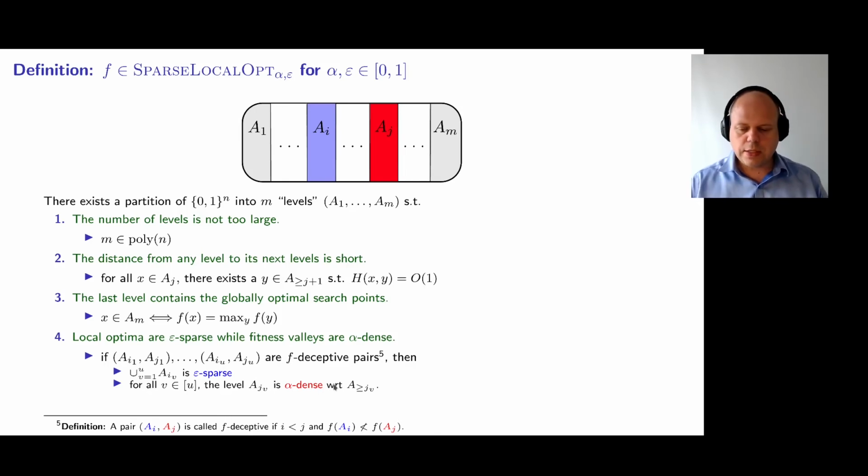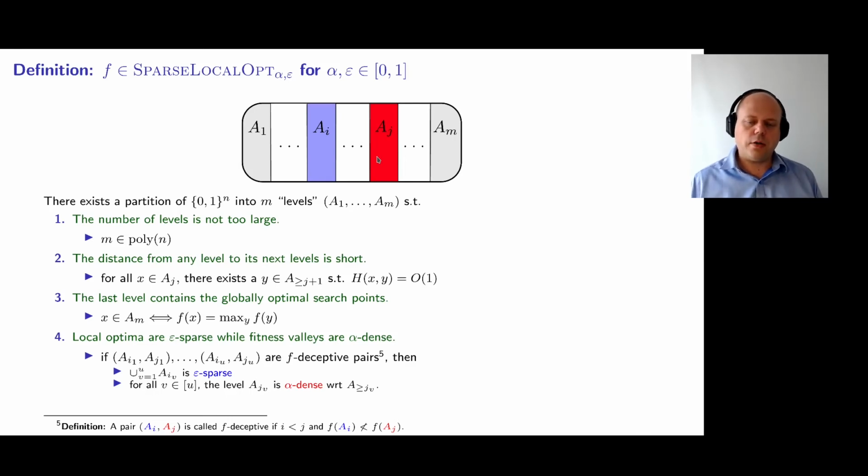These levels should broadly follow the fitness values. However, it might be impossible to construct such a perfect level partition. So we say that a pair of levels AI and AJ are F-deceptive if AI comes before AJ, and there exists a search point in AI which has fitness at least as high as some search point in AJ.